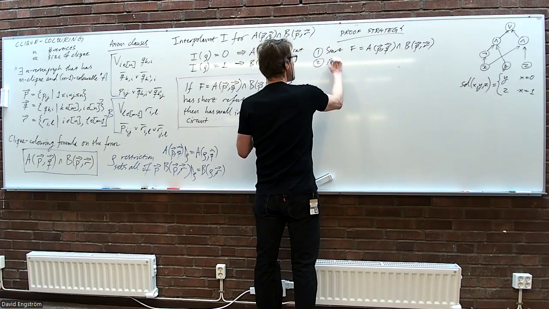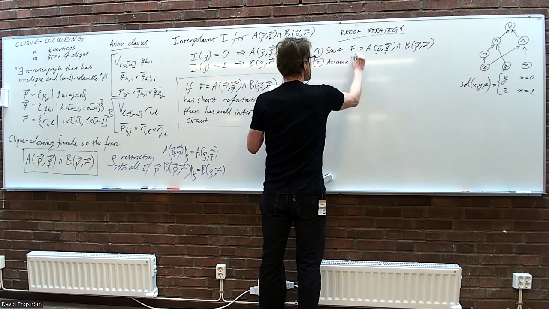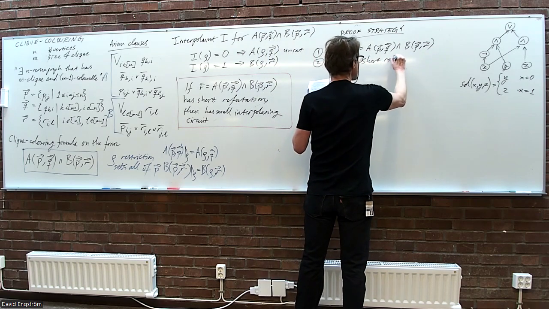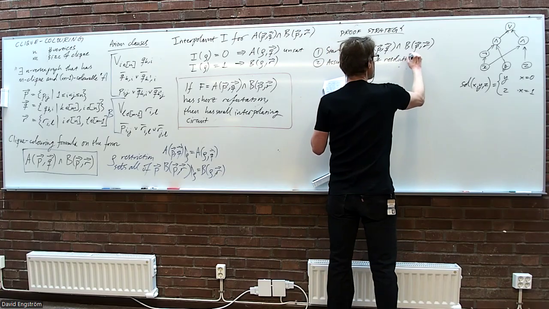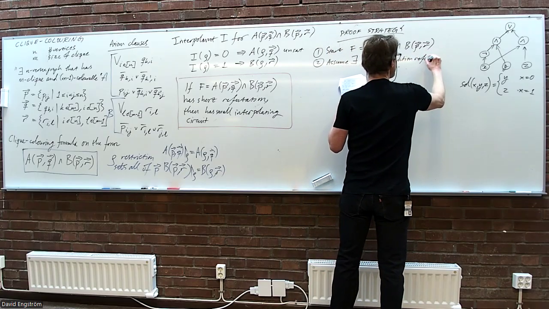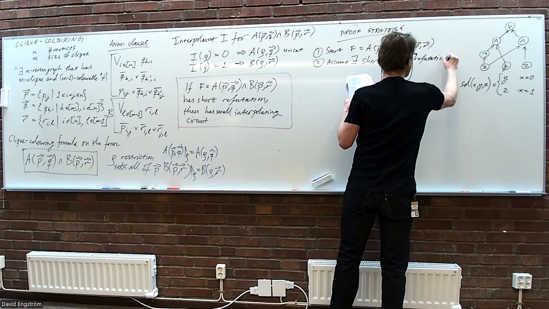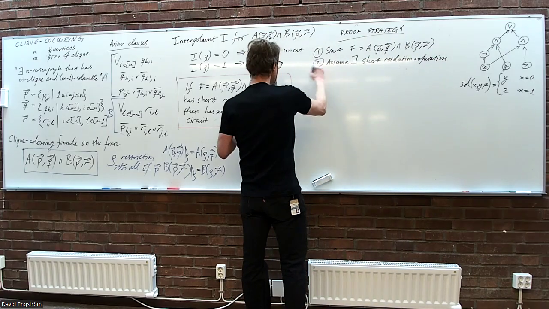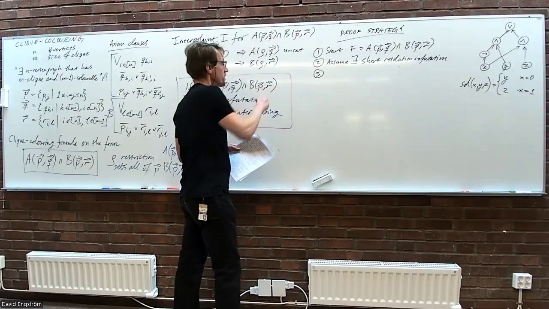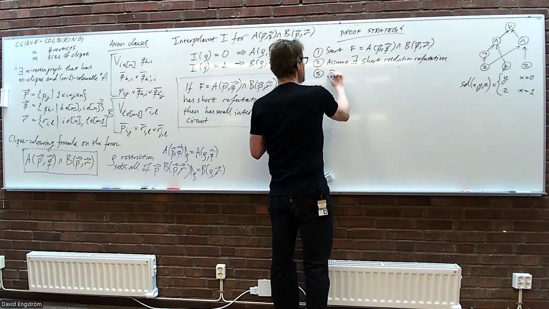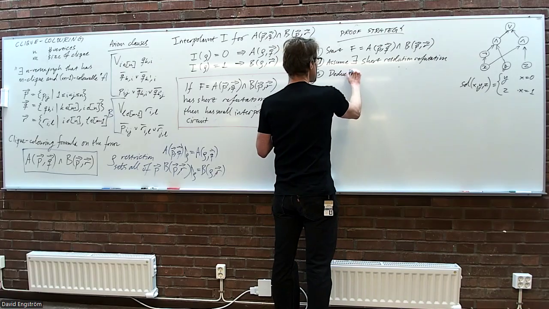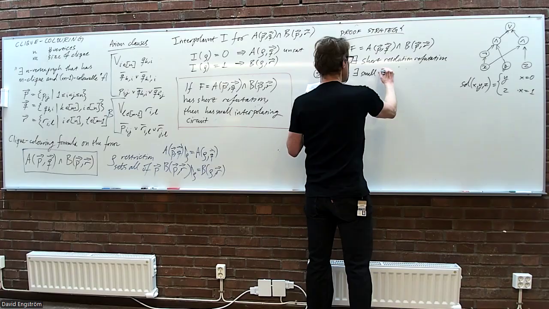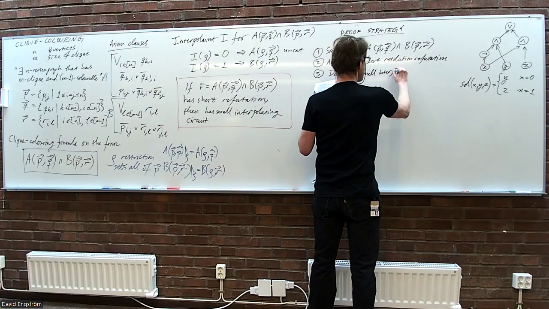And now we assume that there exist short resolution refutations. And now, by using this theorem that we need to prove, we deduce that there exist small interpolating circuits.